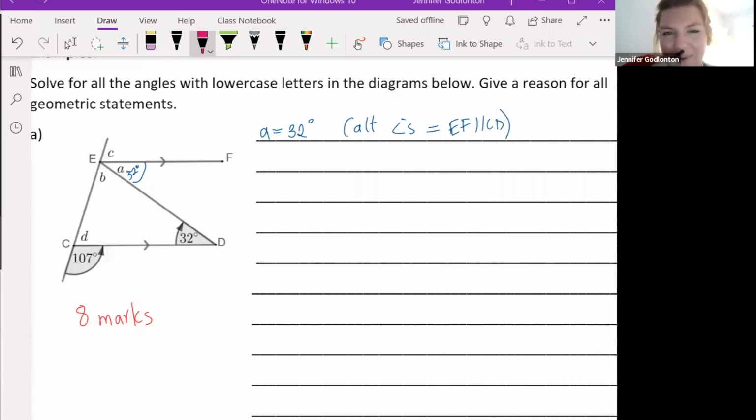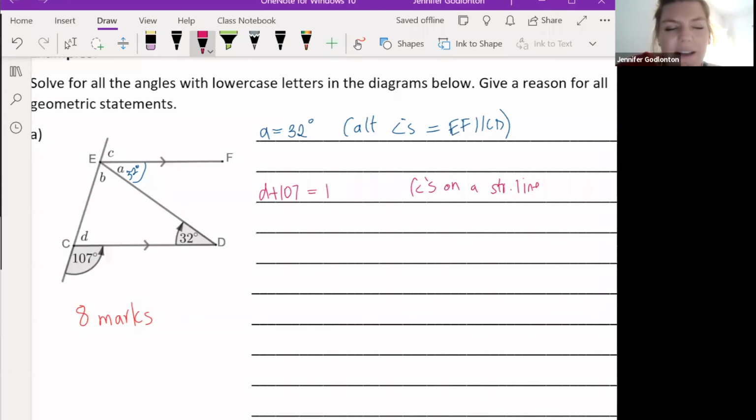Sebo, do you think you can help me with the next one? Okay, ma'am. I would like to try D. Okay, sure. What would I do for D? So I said D plus 107 is equals to 120. My reason is angles on a straight line. So I like your reason, angles on a straight line. What is it going to be equal to? 120, ma'am.